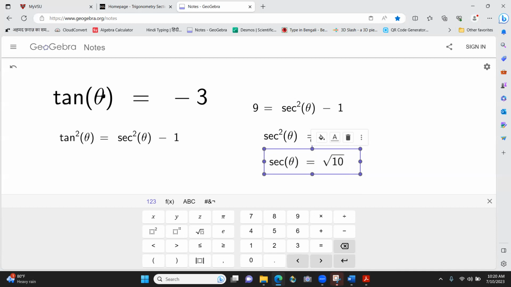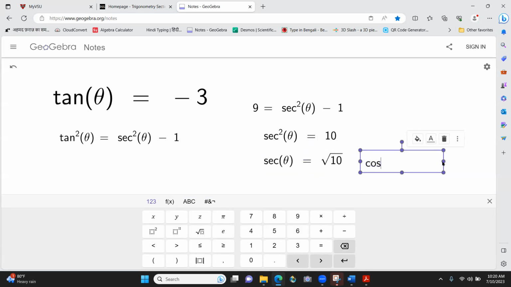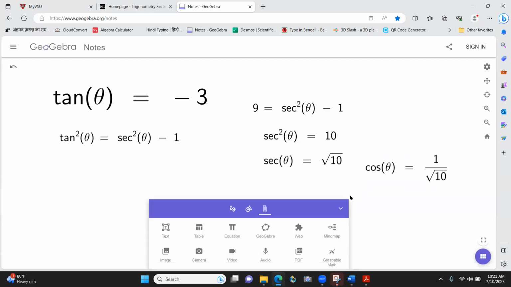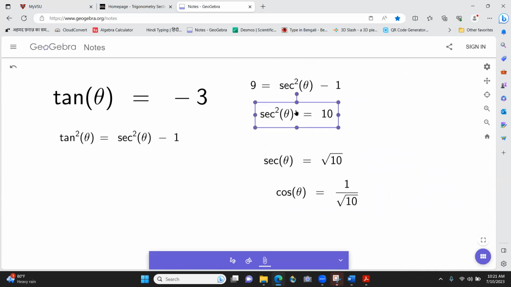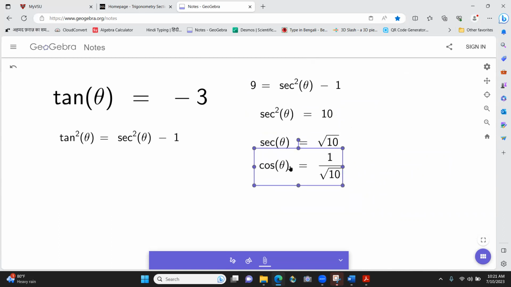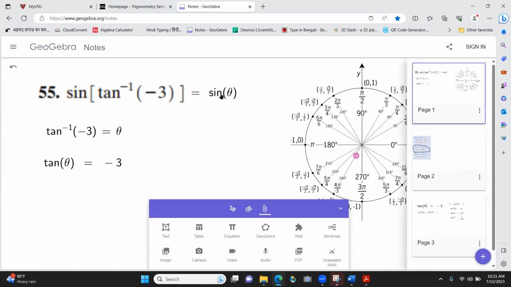Now, from secant, I'm going to go quickly find cosine because it's just the reciprocal. Now that we have cosine, we're almost done, guys, except for we need sine.